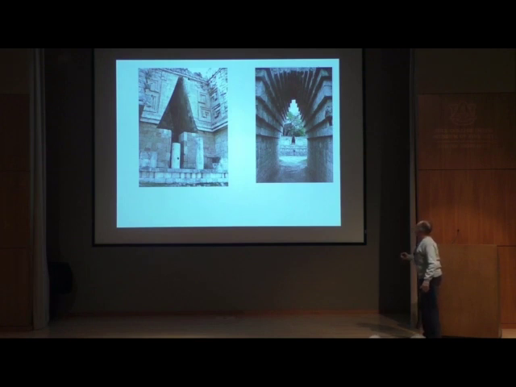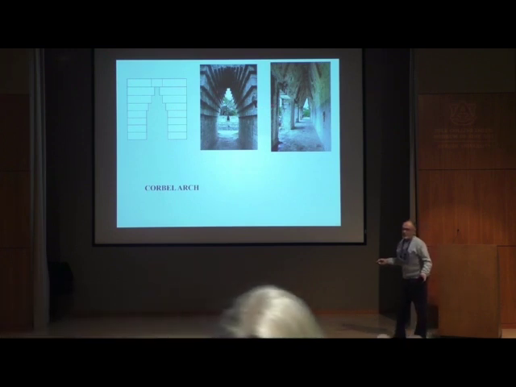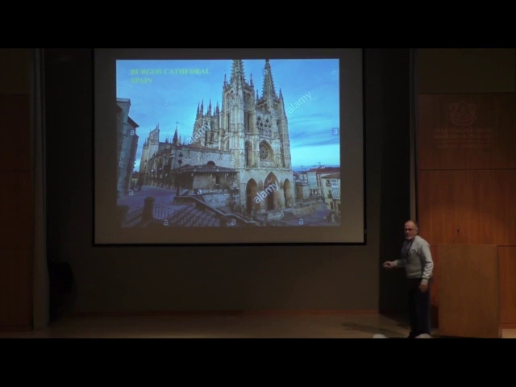You see right here, clearly, these two are corbel arches. They're the weakest arch as far as load bearing is concerned, right, Jim? They're also the simplest to build.